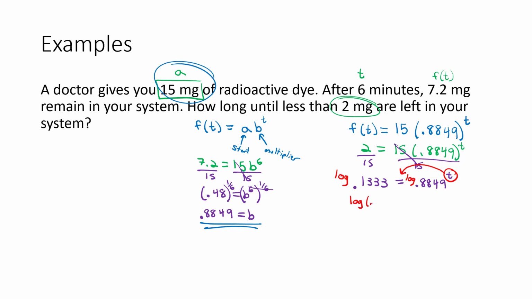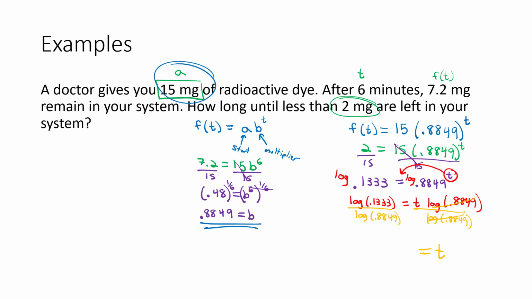So we have the log of 0.1333 equals t times the log of 0.8849. And we're just one step away from getting the t alone. Divide both sides by the log of 0.8849. And t is finally alone.